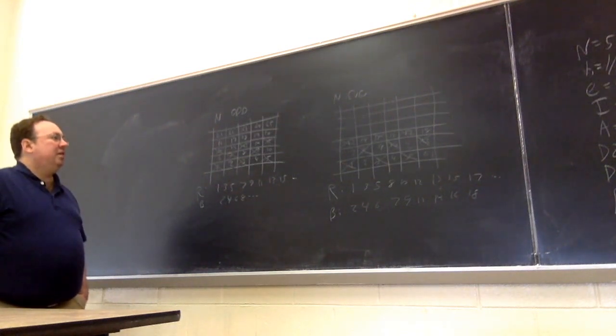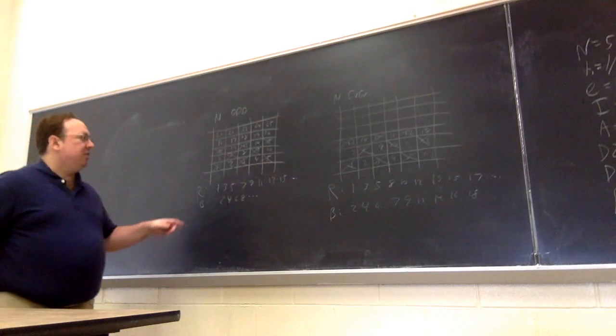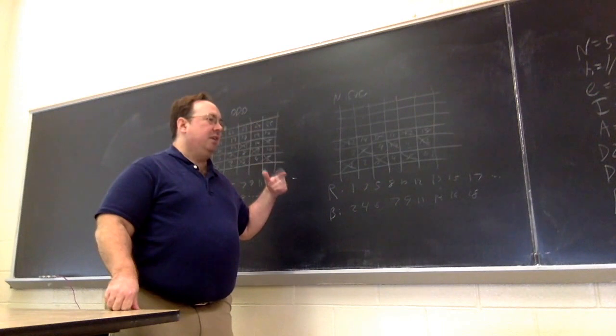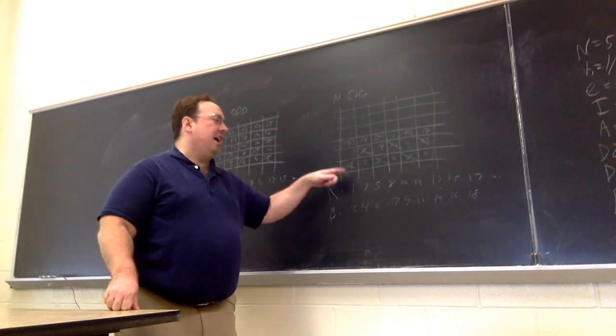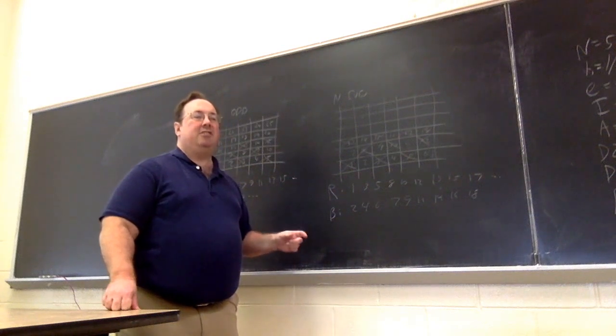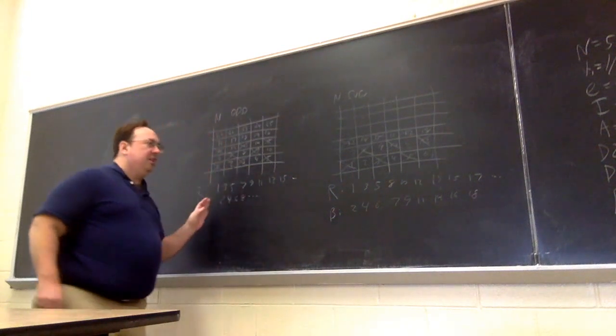Actually, here I've assumed that the number of cells in the x and y directions are the same. But in fact, whichever is your innermost index, in this case x, it's the number of cells in the x direction that has to be odd to have a simpler index pattern.